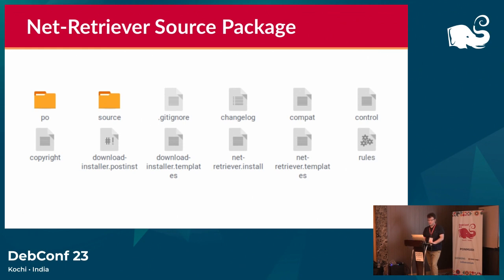It looks like a normal debian directory. There's this po folder which is used for translations. There's control. There are interesting postinst and templates files. But let's have a look at the control.